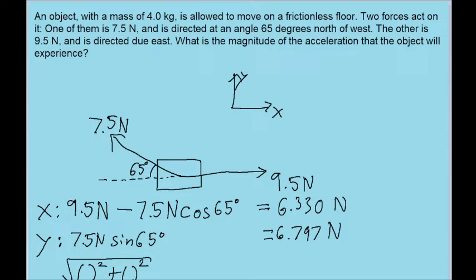So in these parentheses here, you just put in the numbers that your calculator gave you, 6.33 and 6.797. And what we find is that the net force acting on the object is about 9.2885 newtons, and then of course there are going to be more digits there, but right now I'm just rounding for now. But that gives us the net force on the object.